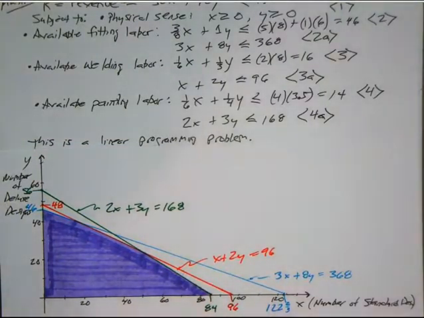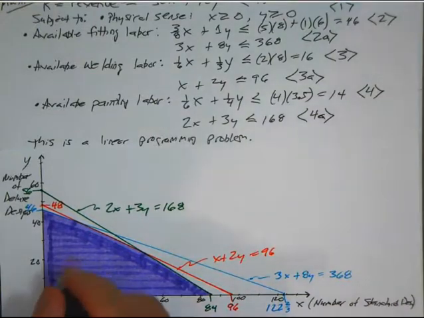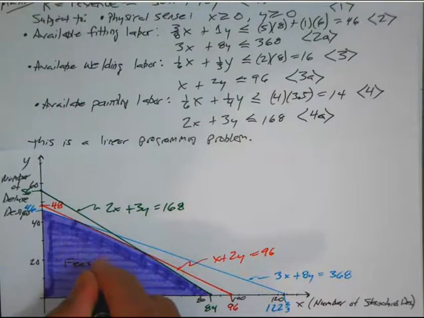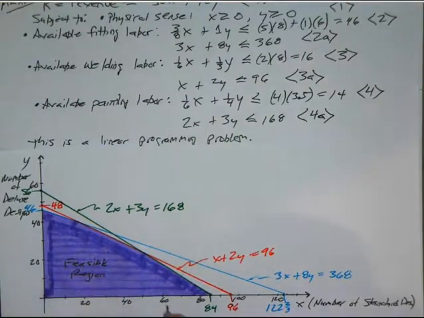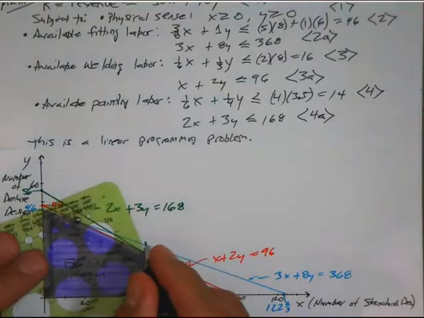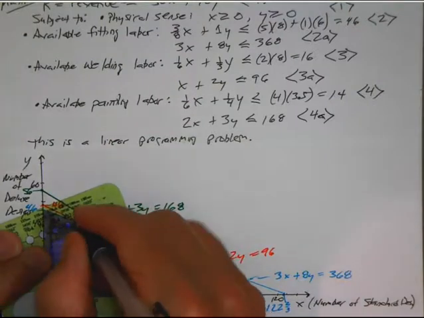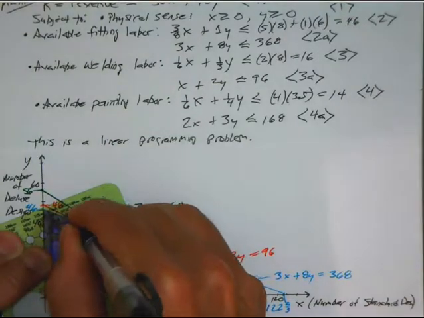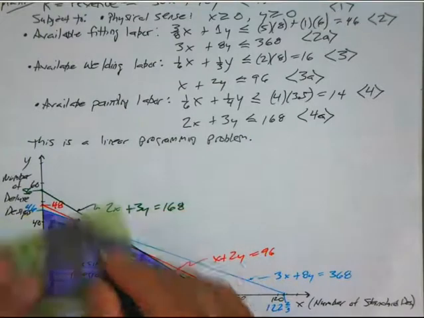Okay, so here we have our feasible region. Now a couple of important details still have yet to be resolved here. Okay, here is a vertex. I like these vertices to really be prominent, so I even use the circle template to make very prominent solid dots.